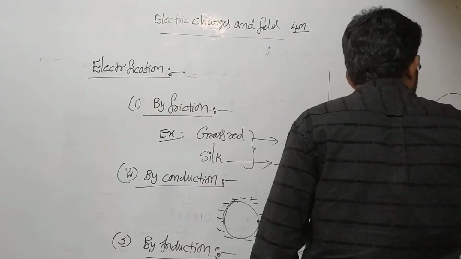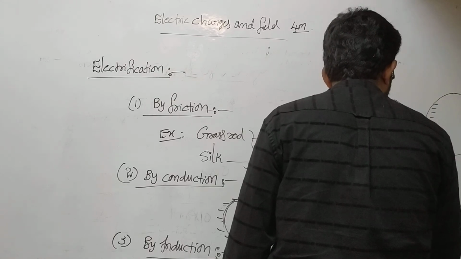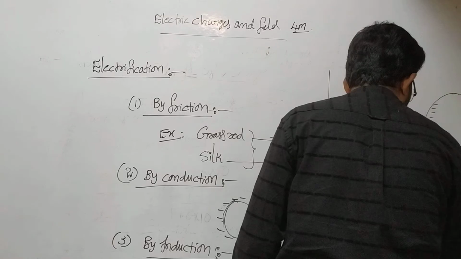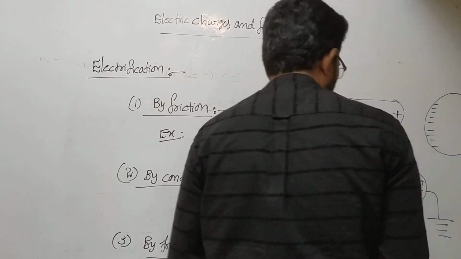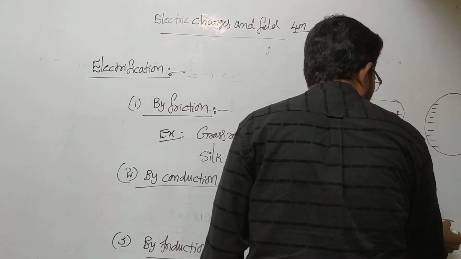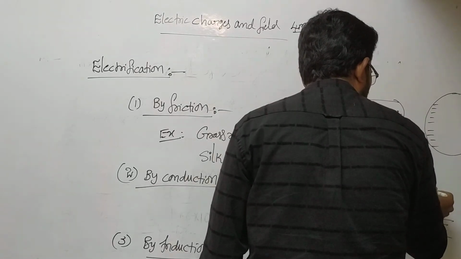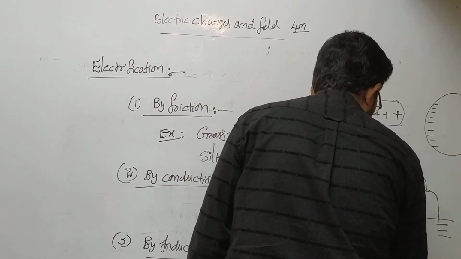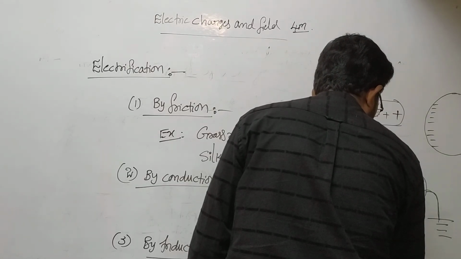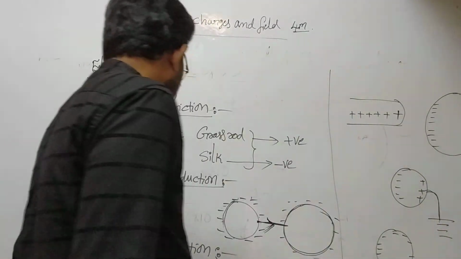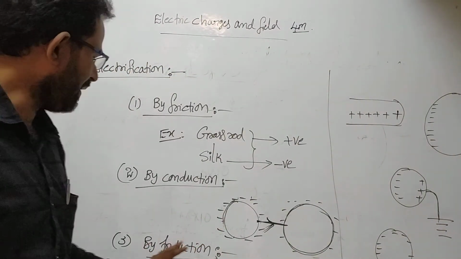When this farther end is connected to the earth, electrons are transferred from the earth to the body. After some time, this total negative charge is spread over the surface of the body. This is one method of electrification by induction.